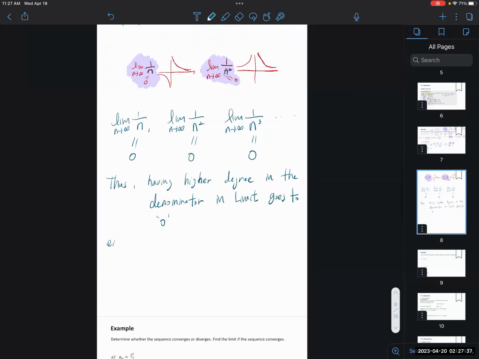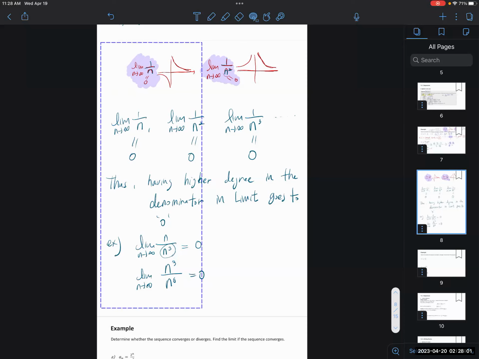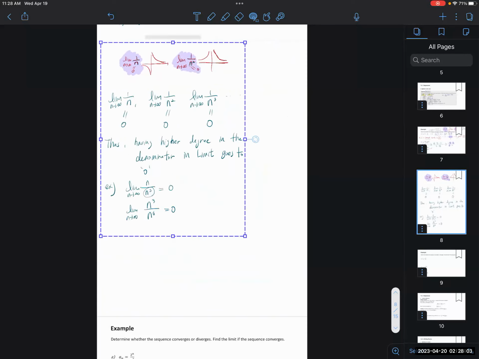For example, the limit as n approaches infinity of n over n to the third. The denominator degree is higher, doesn't matter, it's going to 0. Same thing with n over 6n or n over 3n. If the denominator degree is higher, it's always 0. This is the low property, if you remember in calculus 1, right?